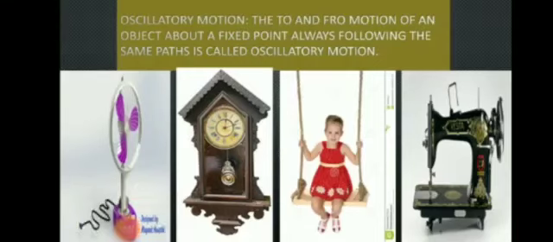Now we see what is oscillatory motion. The to and fro motion of an object about a fixed point always following the same path is called oscillatory motion.